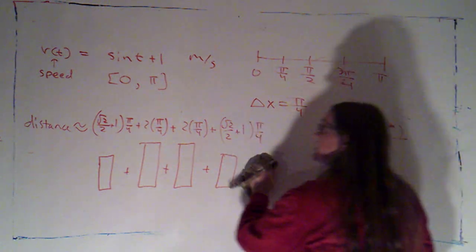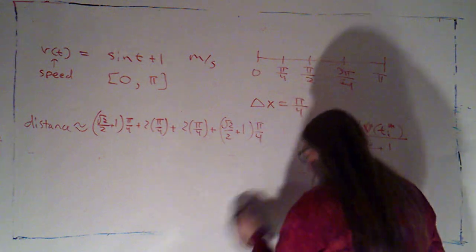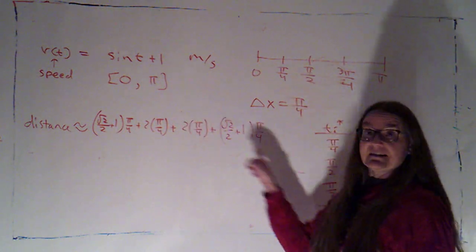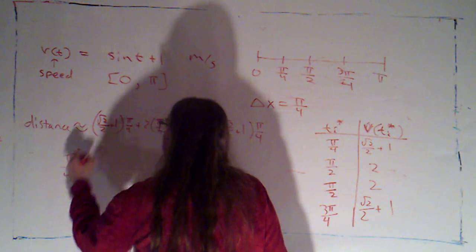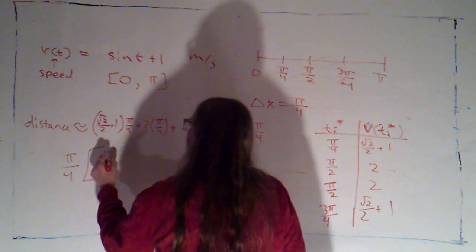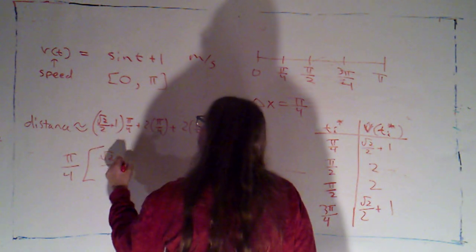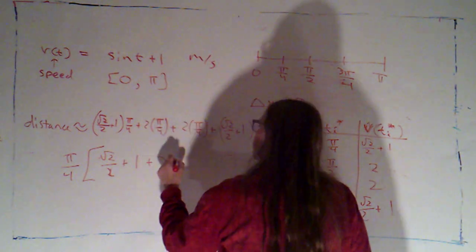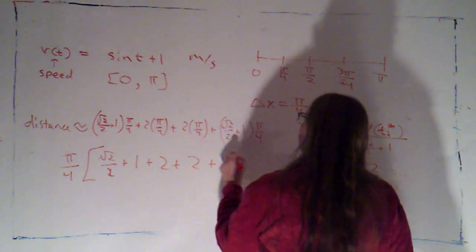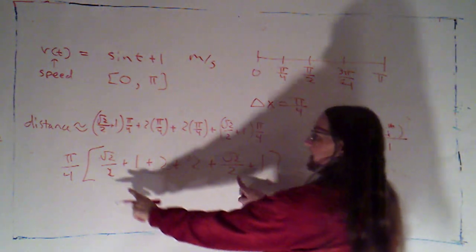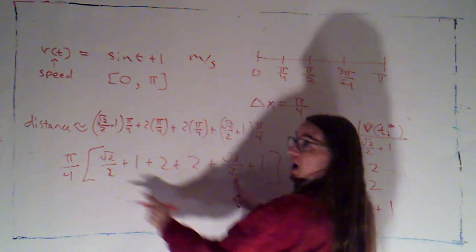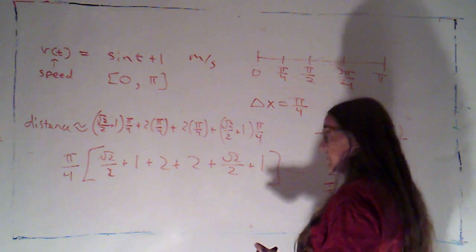Once again, because we used a regular partition, that base, which in this case is the time interval, is the same, so I can factor it out. So that's pi over 4 times root 2 over 2 plus 1 plus 2 plus 2 plus root 2 over 2 plus 1. These two are going to combine to give me 2 copies of root 2 over 2, or just root 2.